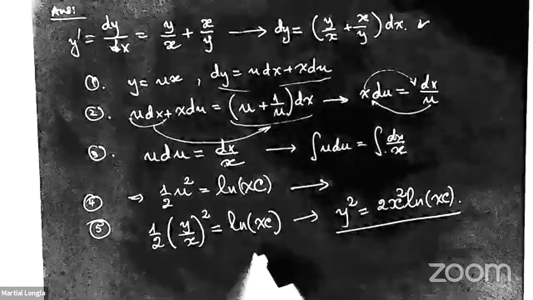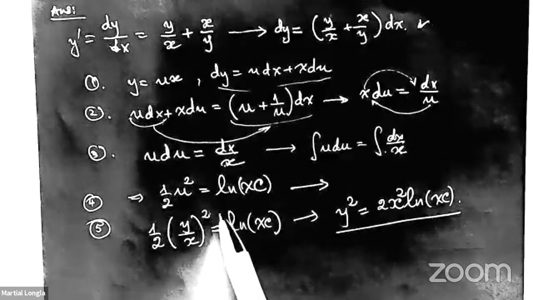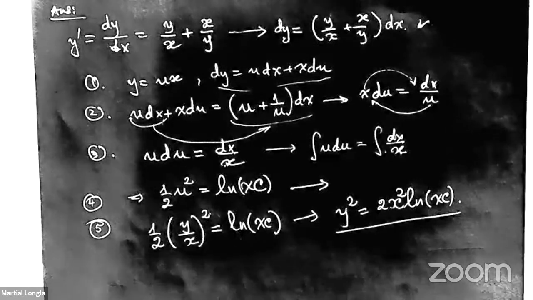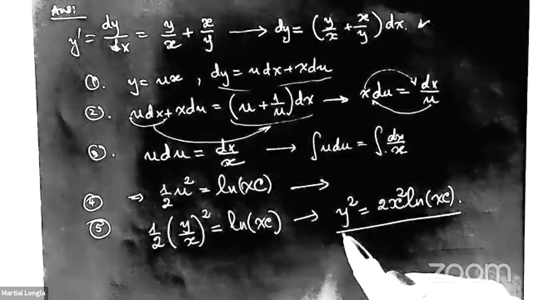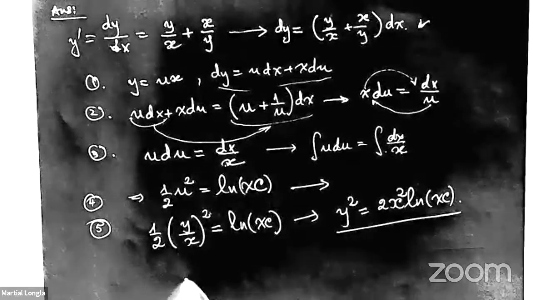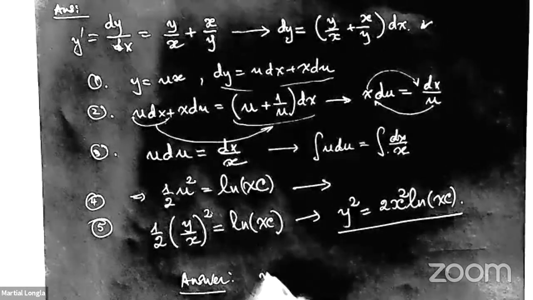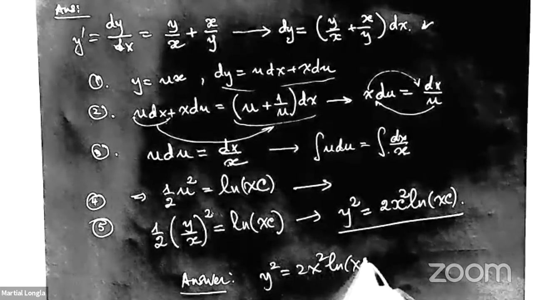So we shouldn't worry here about looking at the separate case, x equals 0. Does that make sense? Yes. All right, that's the only reason why in this problem we are not going to look for that, and we will claim that our final answer is this. Y squared is 2x squared natural log of x.